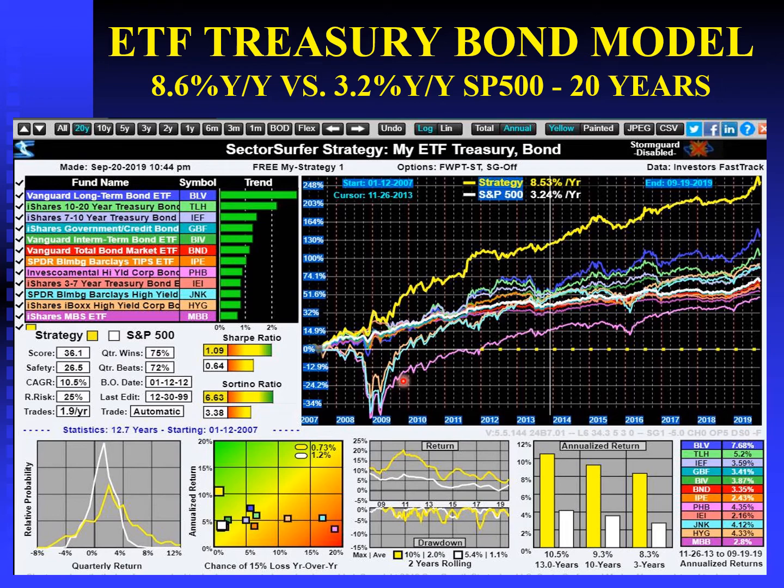The main reason for their performance, of course, is that they didn't lose all the money in the 2009 market crash, and they always kept in the strongest bond ETF. So this is one model that, over 20 years, has done fairly well. But by the way, this is also a period where yields declined quite sharply, so that goes to the advantage of their performance.